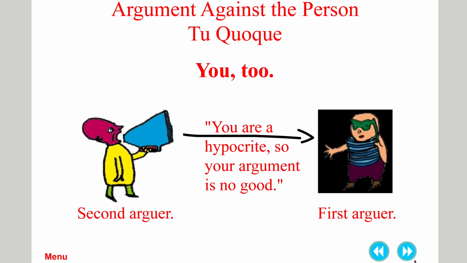Say this weird guy with a mask was accused 10 years before of robbery. He makes an argument that robbery is wrong in society, right? Saying that you're a hypocrite because you did perform a robbery doesn't defeat the argument itself.